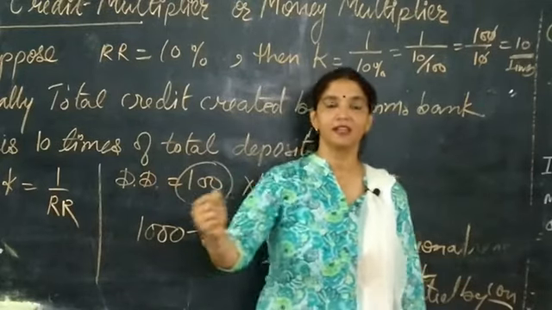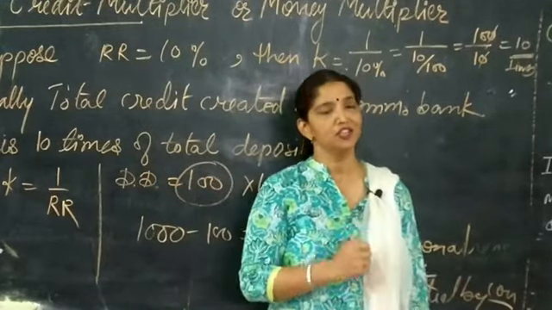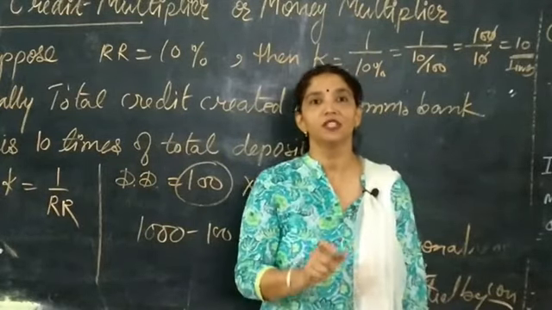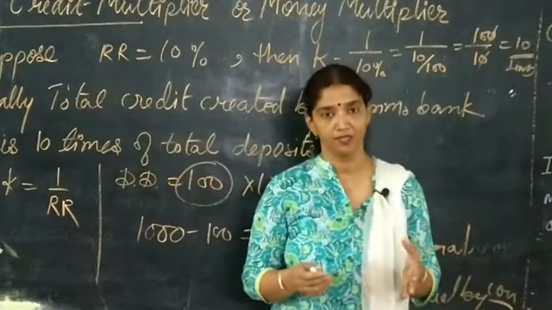If Mr. X comes to the bank to withdraw his money, the commercial bank fails to perform its function, that is, to fulfill the needs of customers.